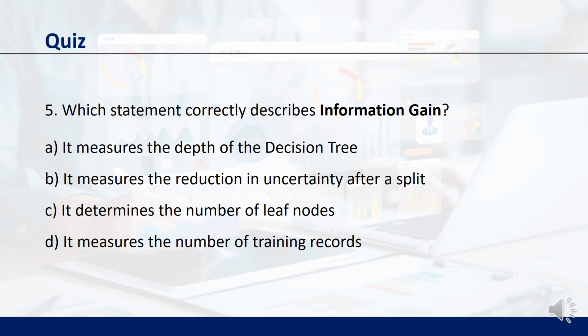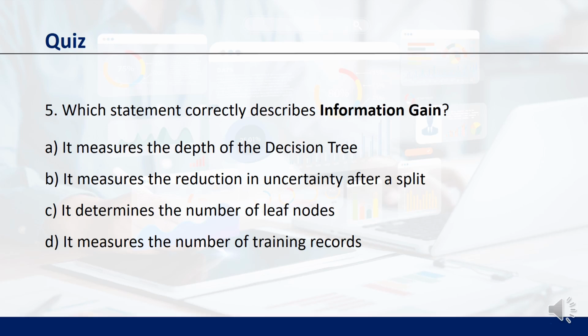Which statement correctly describes information gain? Option A, it measures the depth of the decision tree. Option B, it measures the reduction in uncertainty after a split. Option C, it determines the number of leaf nodes. And option D, it measures the number of training records.